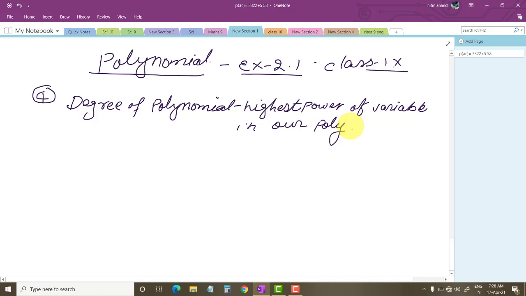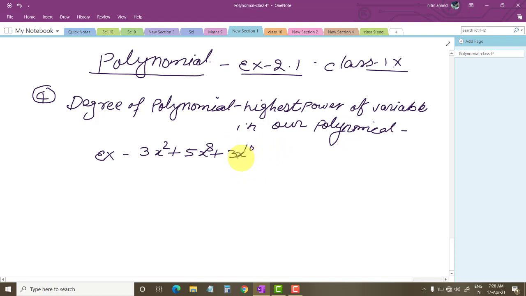Suppose we take an example: 3x squared plus 5x to the power 8 plus 3x to the power 10. This is our polynomial.